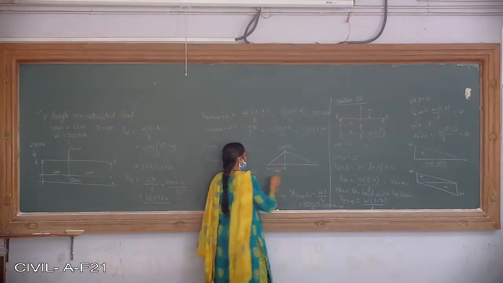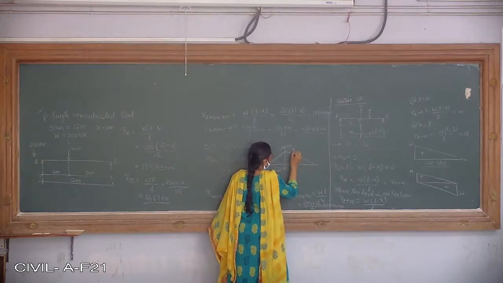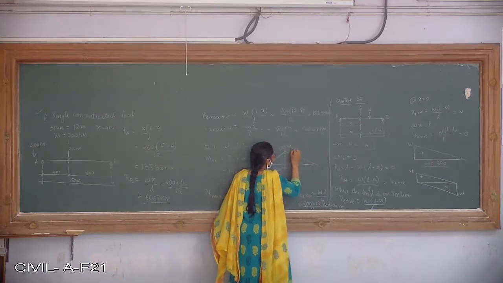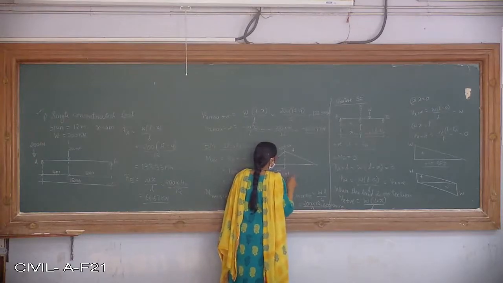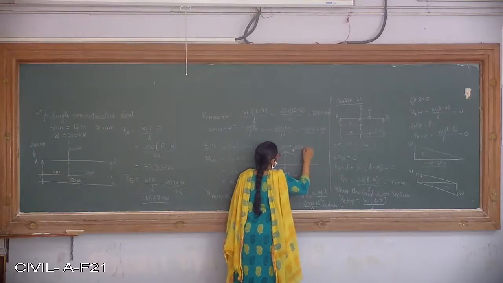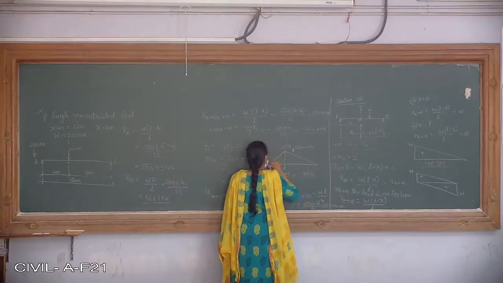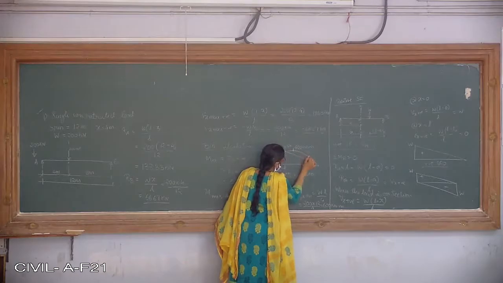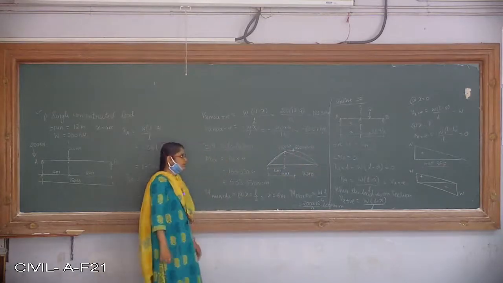Then here you are going to have a maximum bending moment, which is at a distance of 6 meters, at L by 2, and this value is 600 kilonewton meters. So this is your BMD. It will be resembling something like this. Okay, this will be the shape of your bending moment diagram.